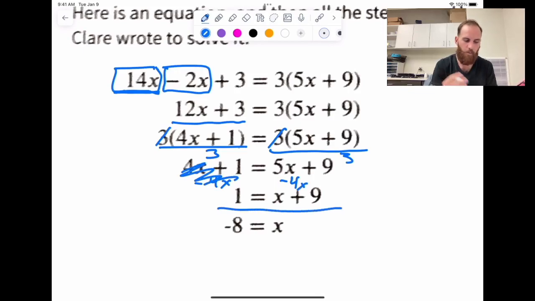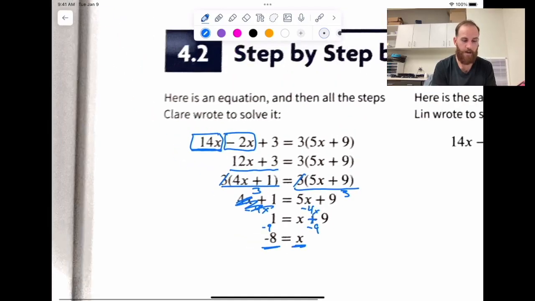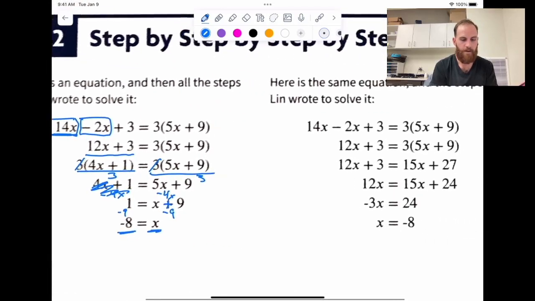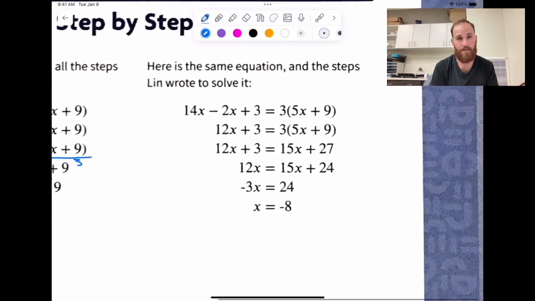So you end up with 1 is equal to x plus 9. Then we can simply use those inverse operations. Again, it's telling us to add 9, so we're going to subtract 9 because don't tell me what to do. Subtract 9, and we will get that x is equal to negative 8. Not wrong. She did it correctly. That's great. So here, pretty much, we're just identifying what steps do.